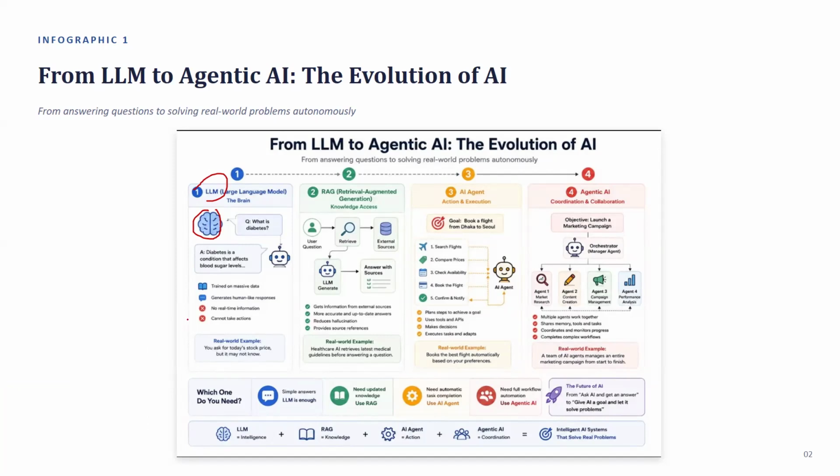But what was the bad side of LLM? As you already told, it doesn't give you real-time information and also cannot take actions on our behalf. These are the two things that LLM lacks. So how can you make your LLM smart? That is why this concept called RAG came in.